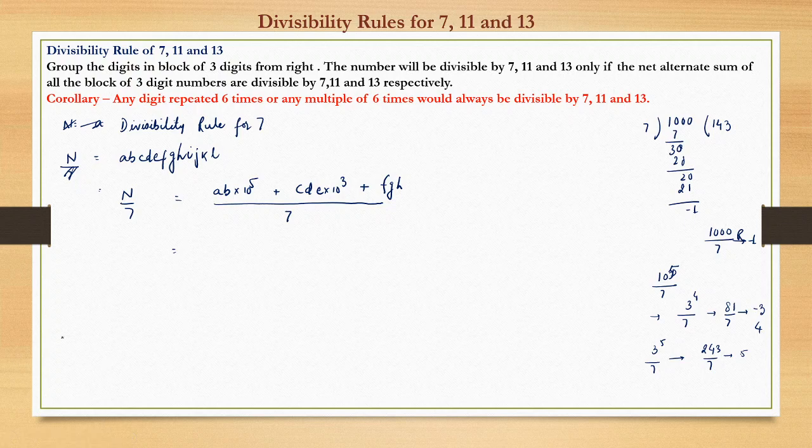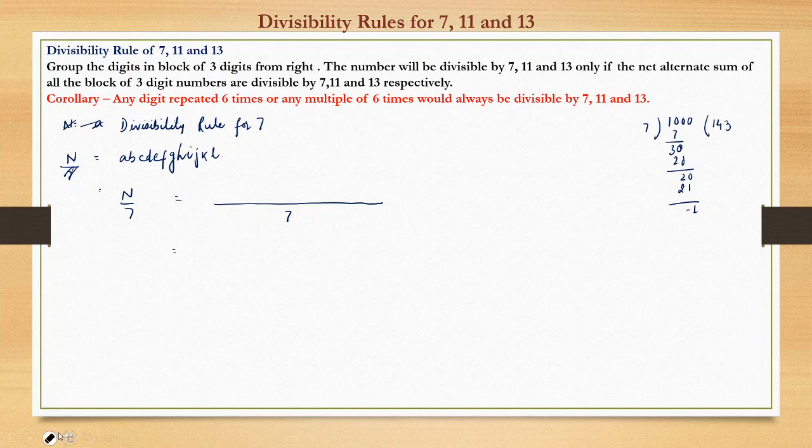Let this be the number. We know one thing, 10 raised to power 3 upon 7 gives a remainder of minus 1. So from here we also know 10 raised to power 6 will give a remainder of plus 1.